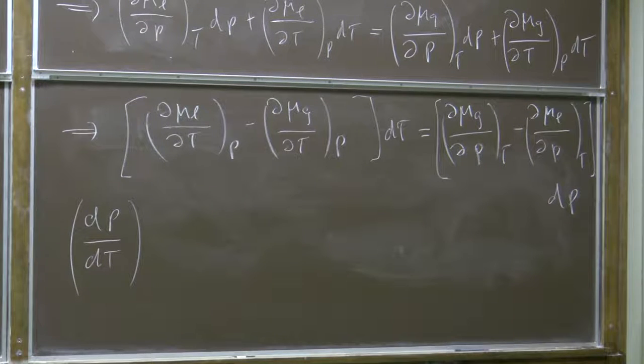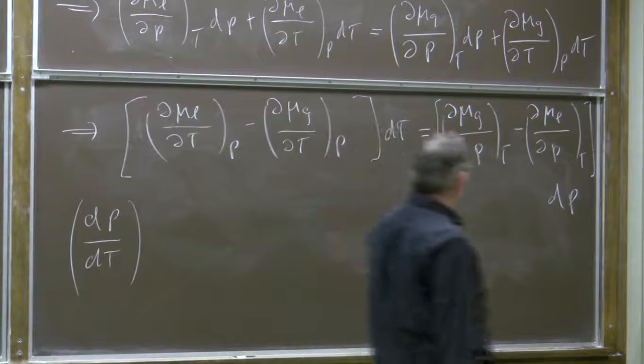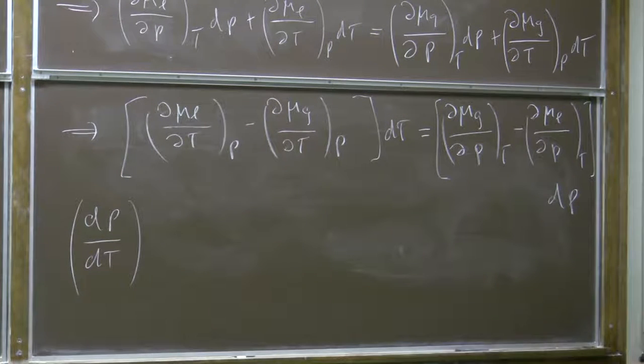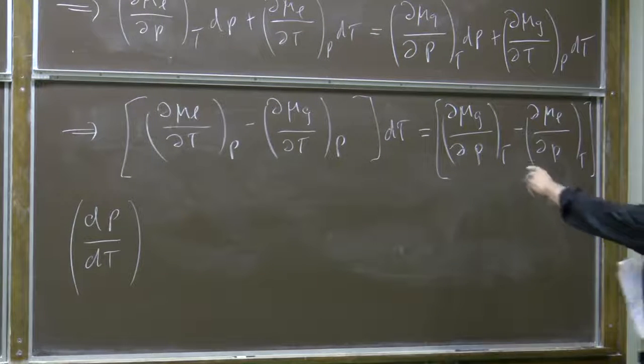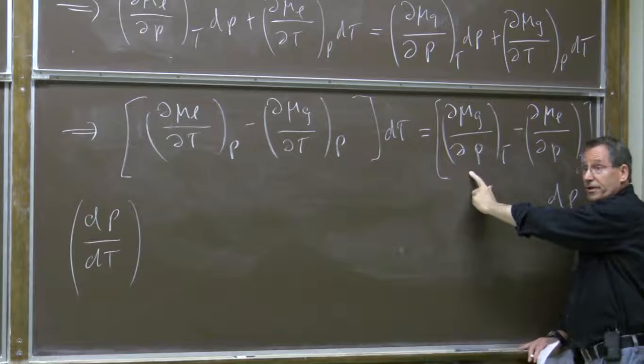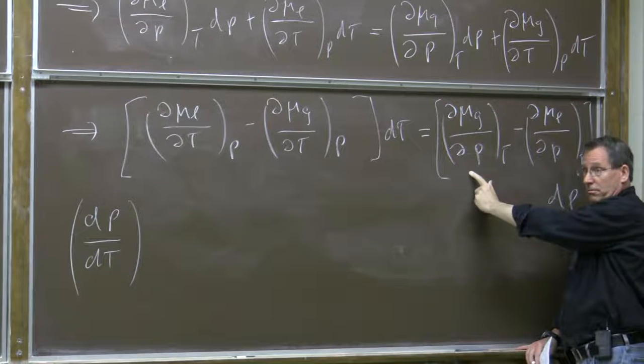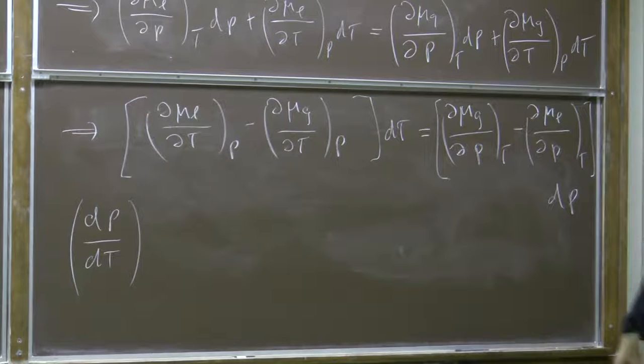Yeah? Wait, if mu sub L is always equal to mu sub g, well, if mu sub L is equal to mu sub g at that point, then aren't both sides 0? Well, these are the derivatives, right? So the derivatives aren't necessarily equal. The derivative of the sum is the sum of the derivatives, so that's d tau of mu_L minus mu_g.